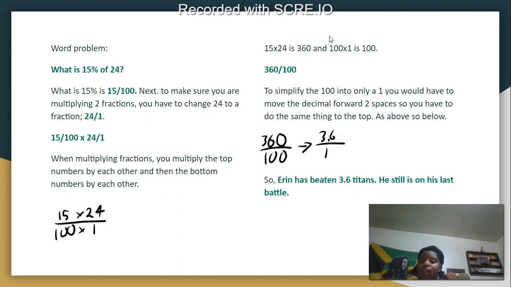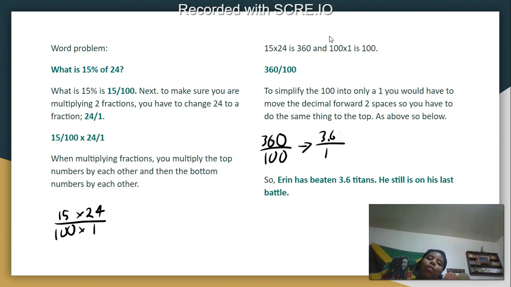So you could write the problem as 15 times 24 over 100 times 1. 15 times 24 equals 360, and 100 times 1 equals 100. So it would be written as 360 over 100.